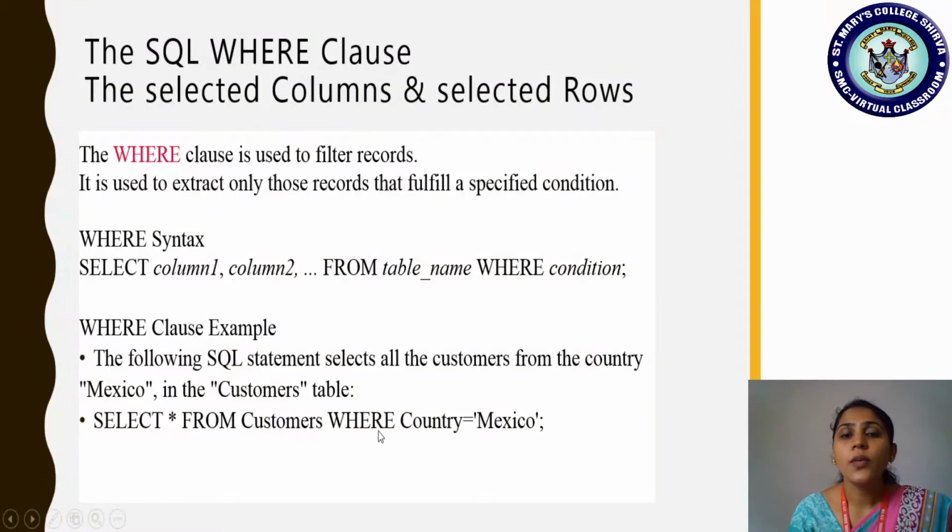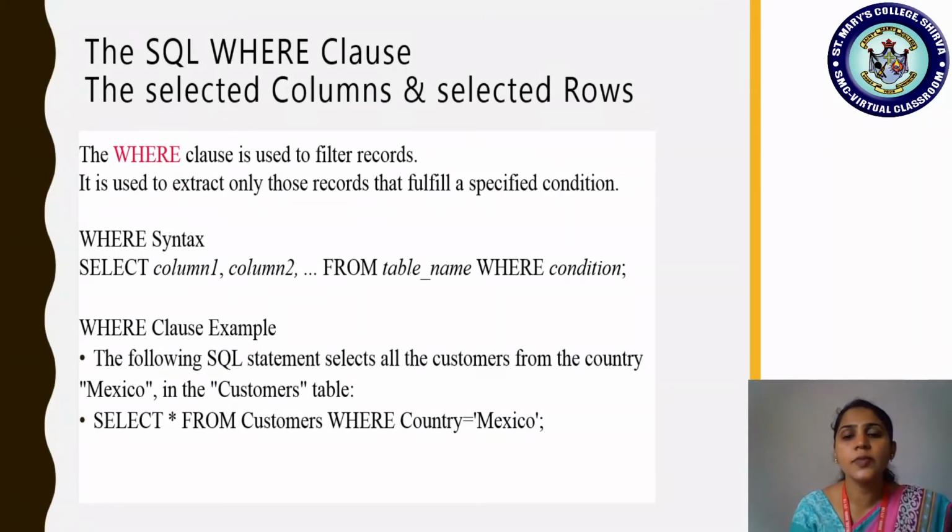Where clause, what is the condition? The condition should be added with a respective column name, right? What is the column name we have chosen? Country. In the customer table we have an attribute called country, and what is the value we are adding for the country? We are specifying the country, and its data type is which one? Alphanumeric or varchar, I mean varchar or character.